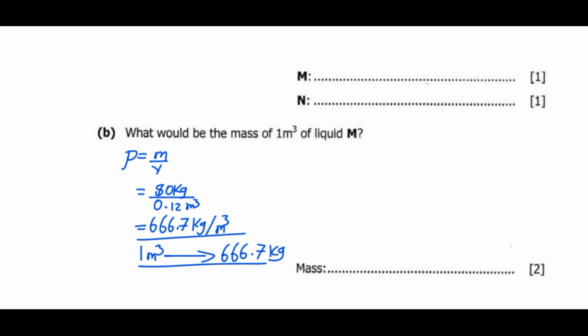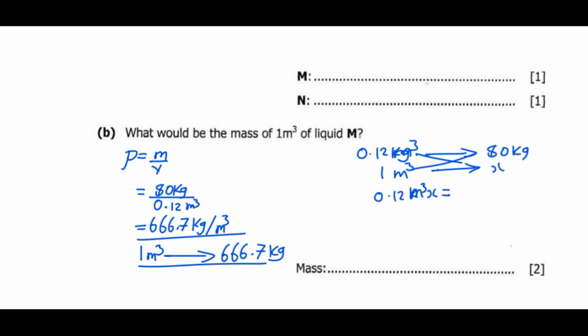This can also be answered like this. We know that if 0.12 cubic meters has a mass of 80 kg, what would be the mass of 1 cubic meter? Here you cross multiply. So if we cross multiply, we have 0.12 cubic meters, x cubic meter, 80 kg.